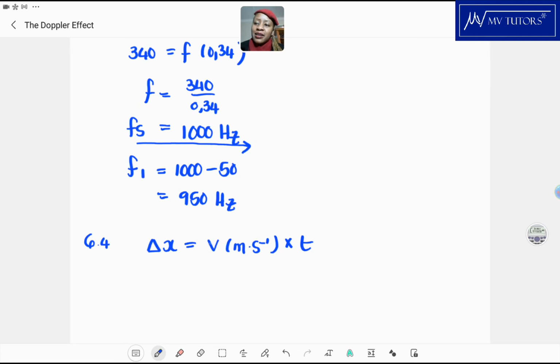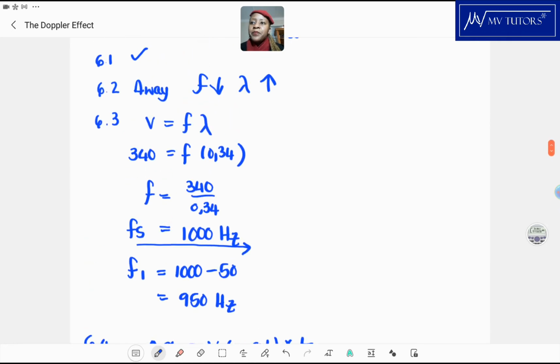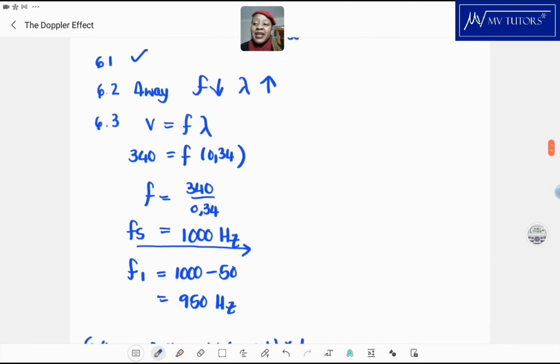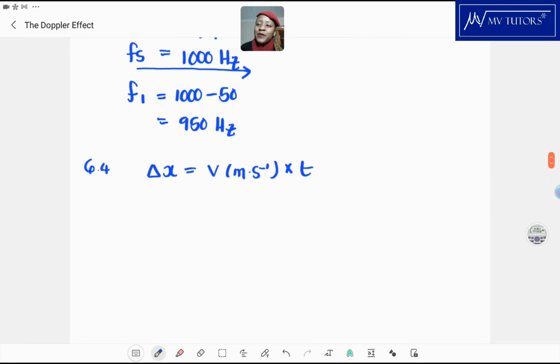So I need the speed of the patrolling car. Remember, the speed of the source of the sound was 0 because it was stationary. And the question does ask, the patrol car moves a distance x meters in 10 seconds. So we need to calculate that distance of the patrol car. Now comes in the equation of the Doppler effect. So you have the frequency of the listener, and then you have the frequency of the source.